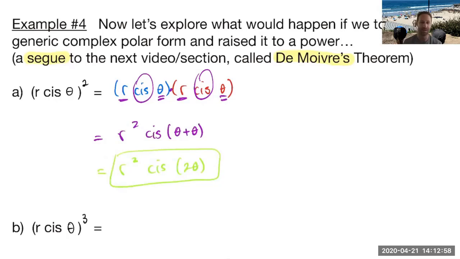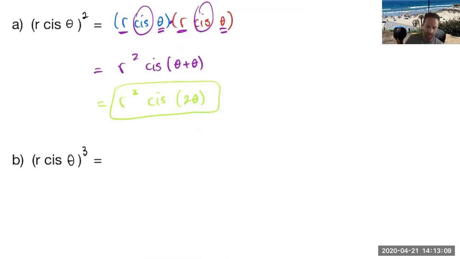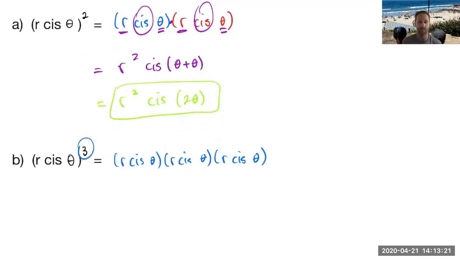But let's take a look at what if we had r cis theta to the third. What would that entail? Well, remember, that would mean we would have r cis theta times itself 3 times. By definition, that's what any power represents.